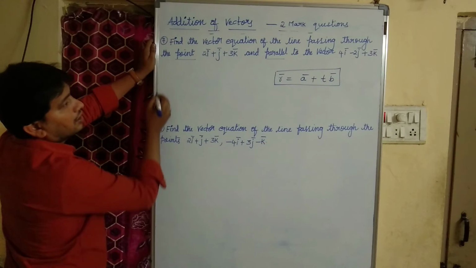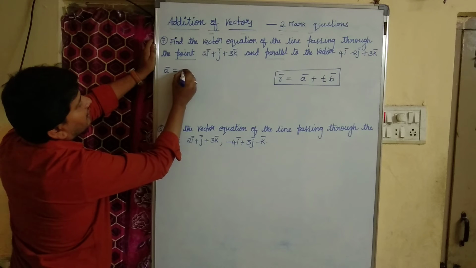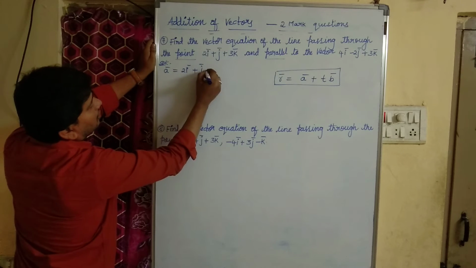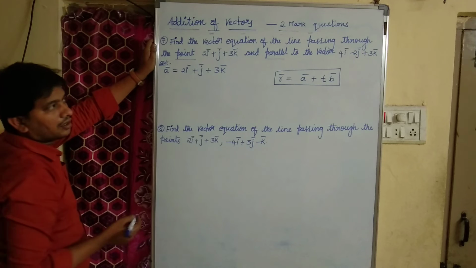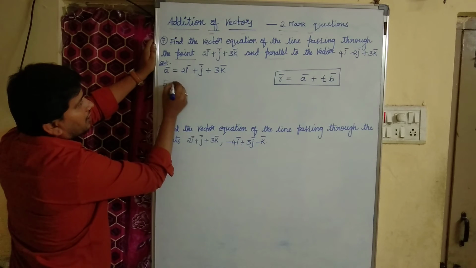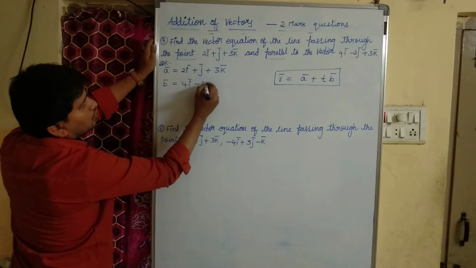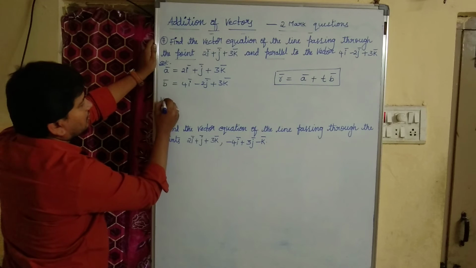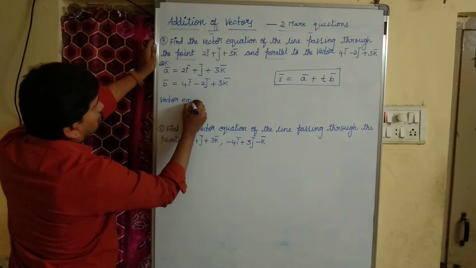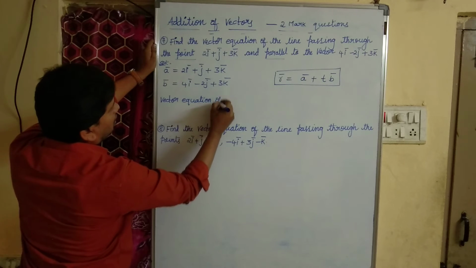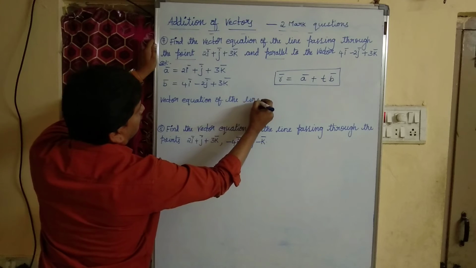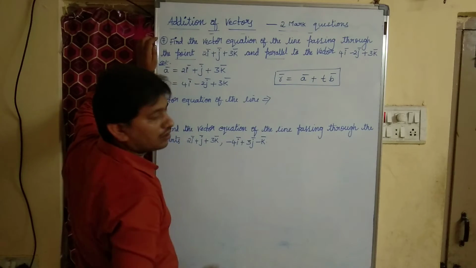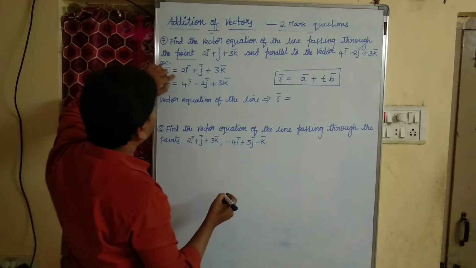So given point is what? A bar is given 2i bar plus j bar plus 3k bar, and parallel to the vector, b bar is 4i bar minus 2j bar plus 3k bar. Okay, therefore vector equation of the line, r bar equal to a bar plus t b bar. r bar equal to, what is the value of a bar?